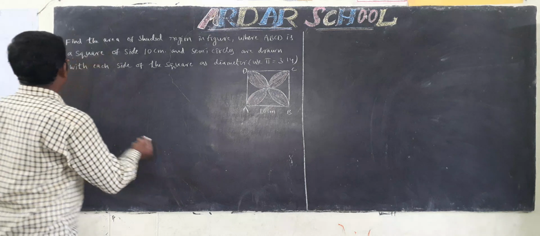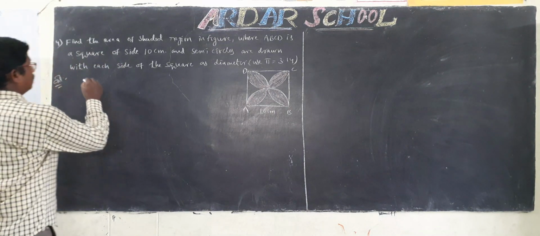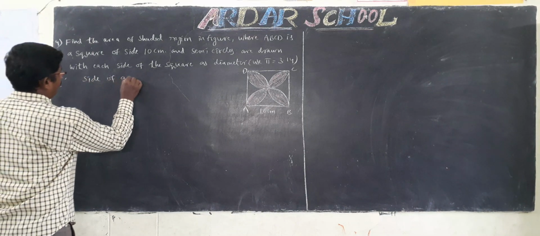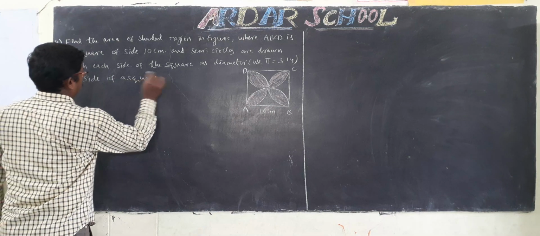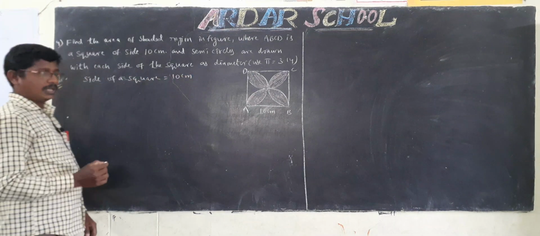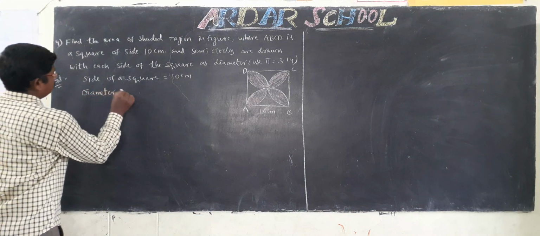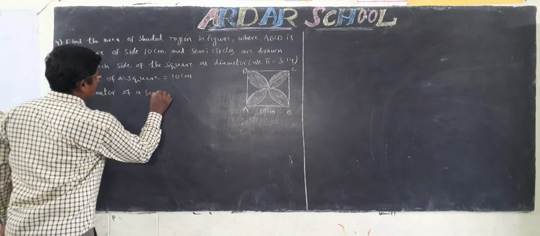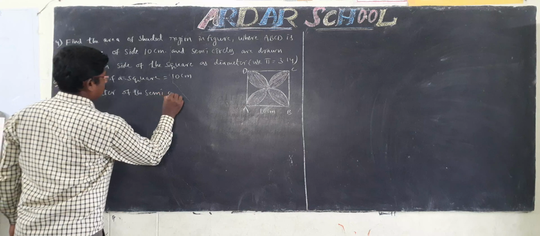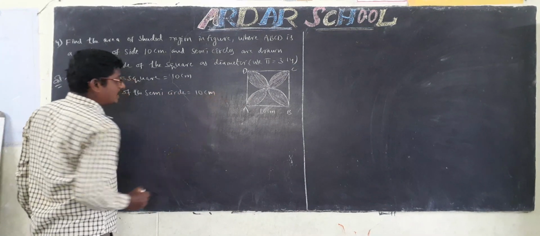Okay, so first of all we have to write what is given. Side of a square is equal to 10 centimeters. That is also the diameter of the semicircle, which is also 10 centimeters.